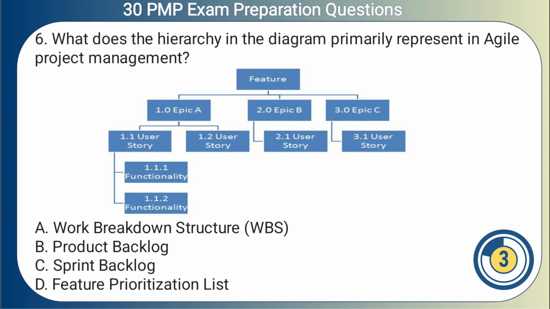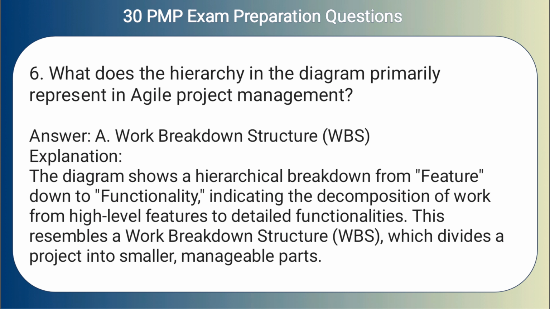Answer: A. Work breakdown structure, WBS. Explanation: the diagram shows a hierarchical breakdown from feature down to functionality, indicating the decomposition of work from high-level features to detailed functionalities. This resembles a work breakdown structure, WBS, which divides a project into smaller, manageable parts.